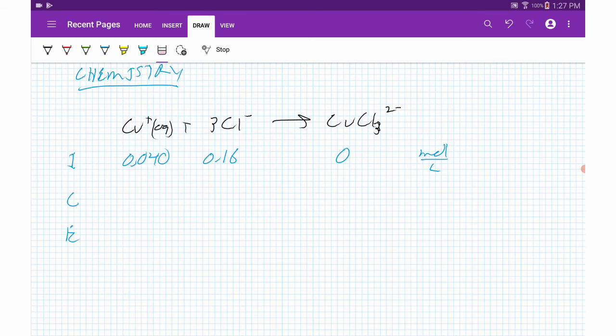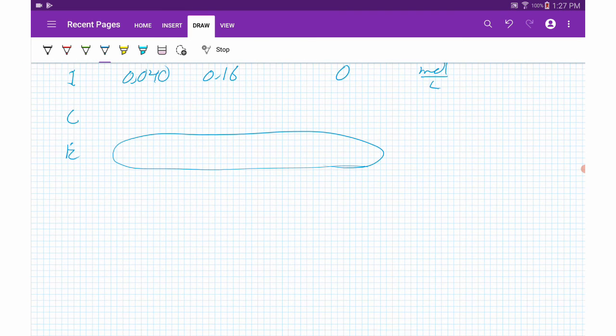All right. What we need to do is we need to start finding these numbers. If we can find these numbers, then we can calculate the formation constant. And we get those numbers from the electrochemical cell.